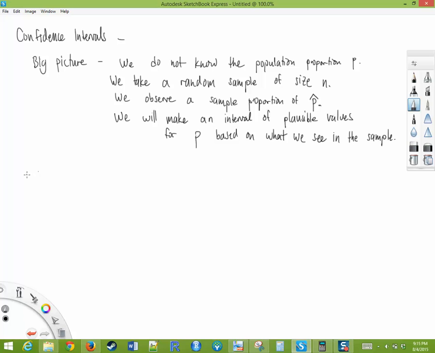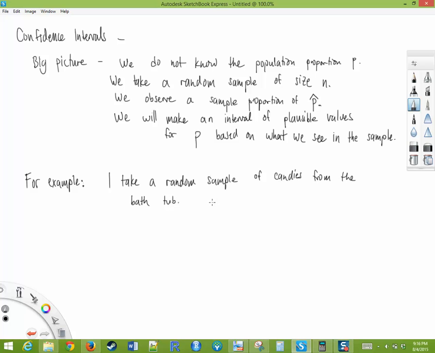So for example, I take a random sample of candies from the bathtub.